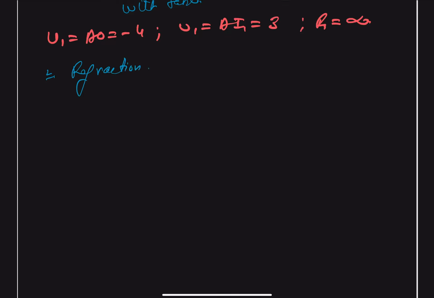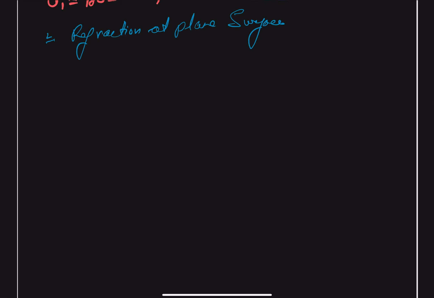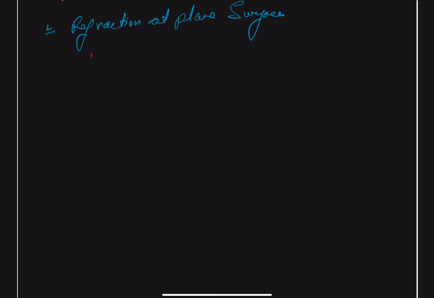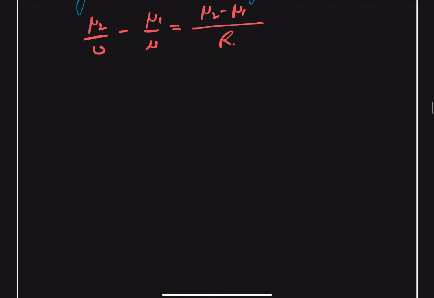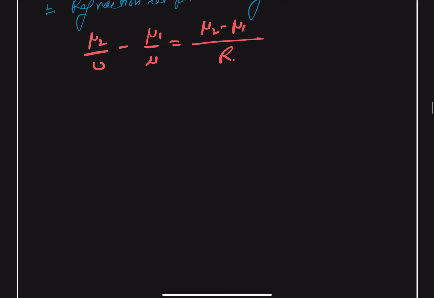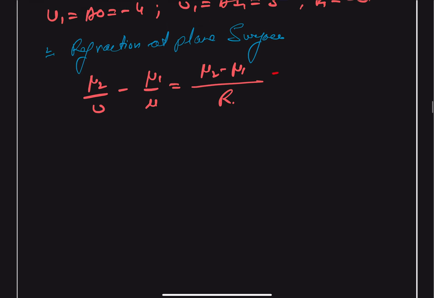Refraction at plane surface. So we can use the formula, and that is mu2 upon V minus mu1 upon U is equal to mu2 minus mu1 upon R. So we substitute the values, and mu2 is our mu and V is our minus of 3.